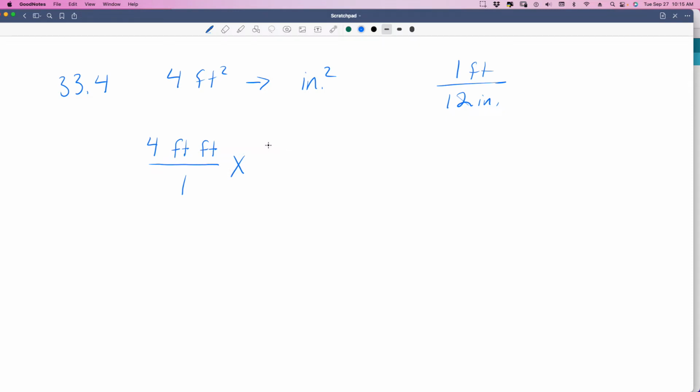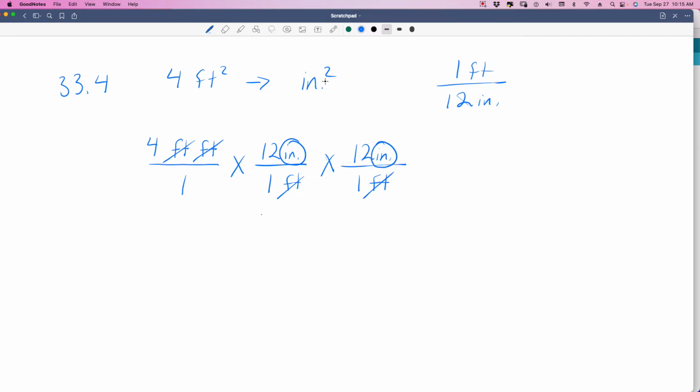So I'm going to put 12 inches over 1 foot. That allows me to just cancel the first one. Now I have to do it again. 12 inches over 1 foot. That allows me to cancel the second one. So look what I have though. Now I have inches 1 time, inches 2 times.